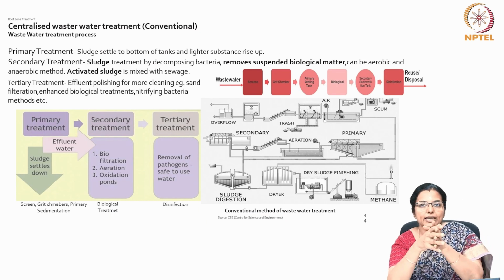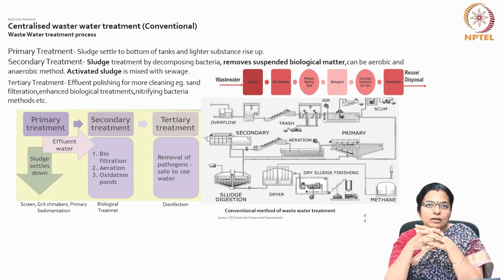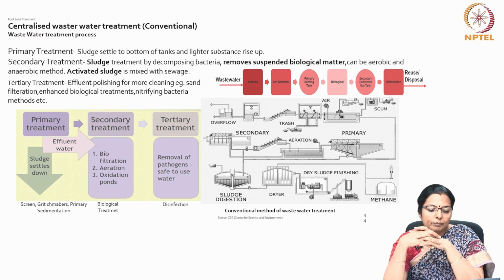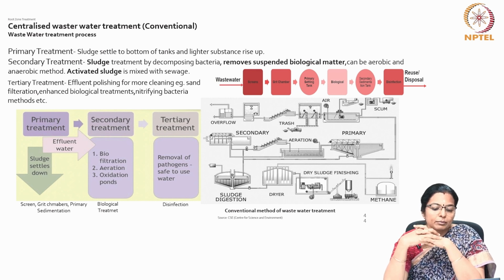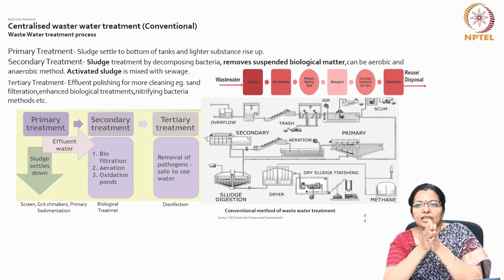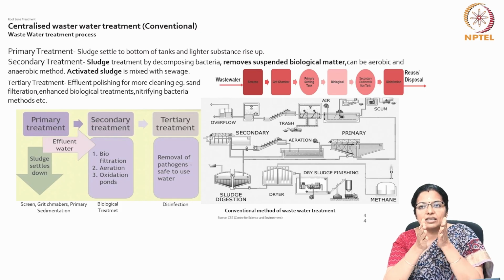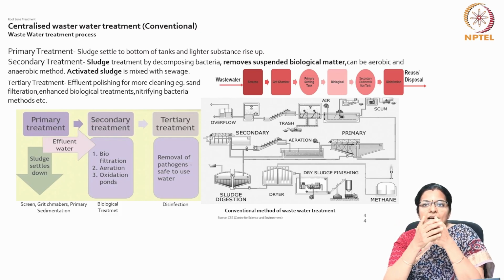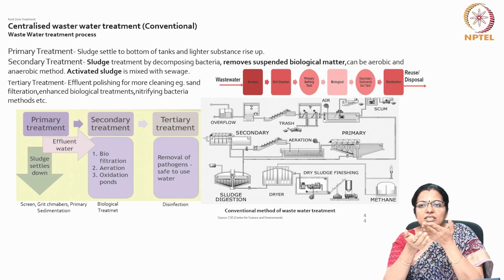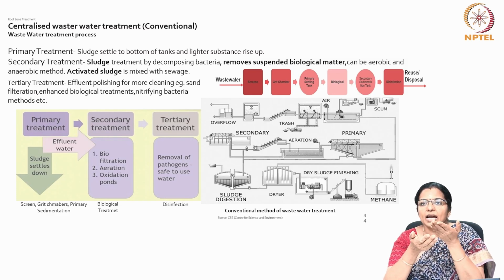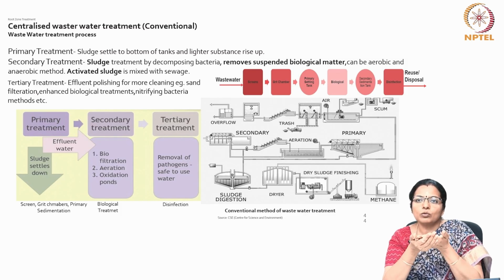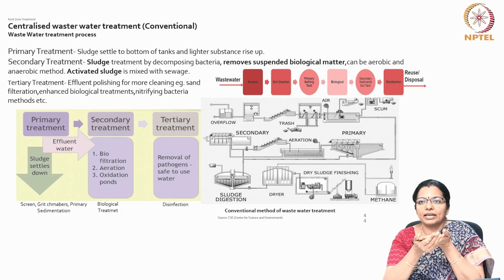We'll quickly see for a perspective what is centralized wastewater treatment, which is the conventional one. In this, the primary treatment is that the sludge settles to the bottom of tanks and lighter substances rise up. In the secondary treatment, the sludge is treated by decomposing bacteria, and this removes suspended biological matter.